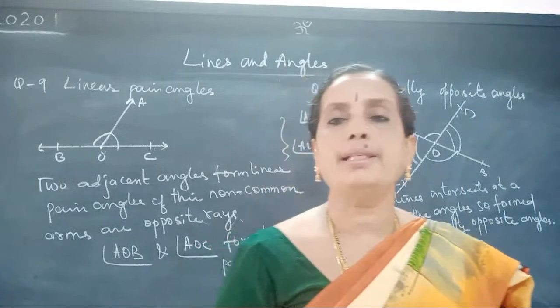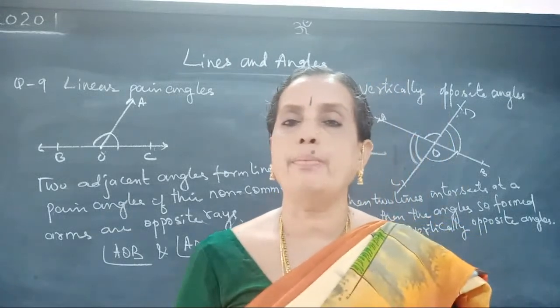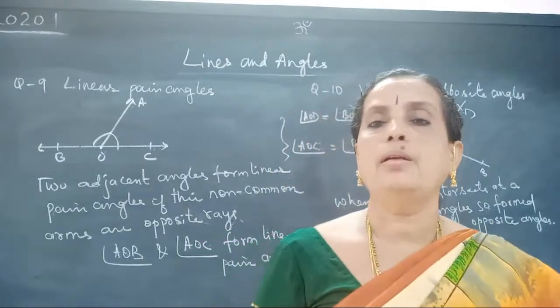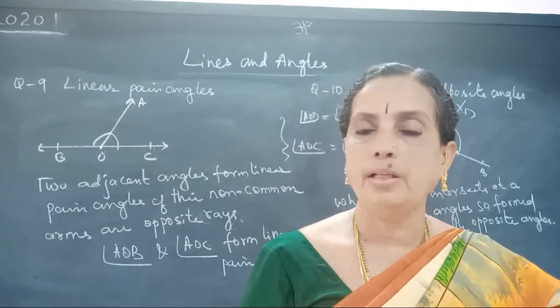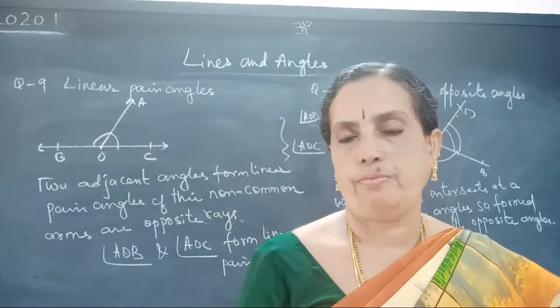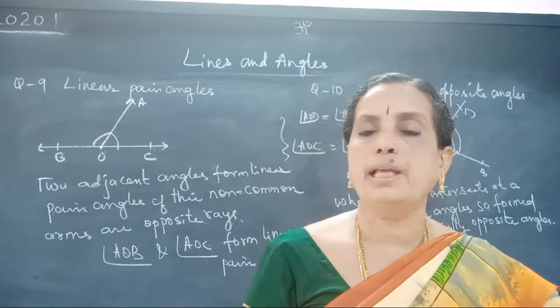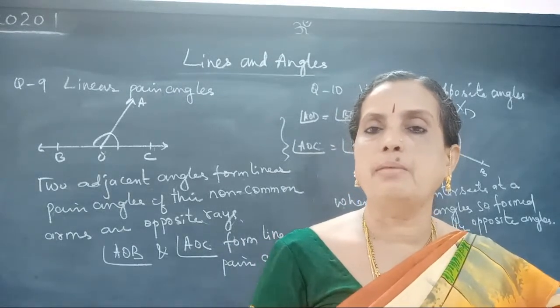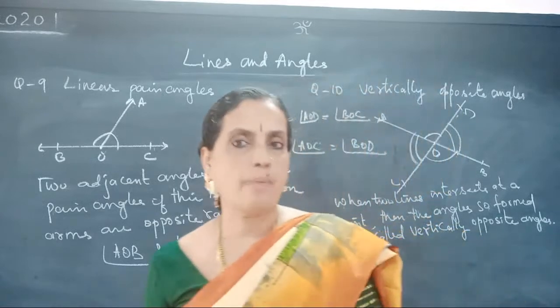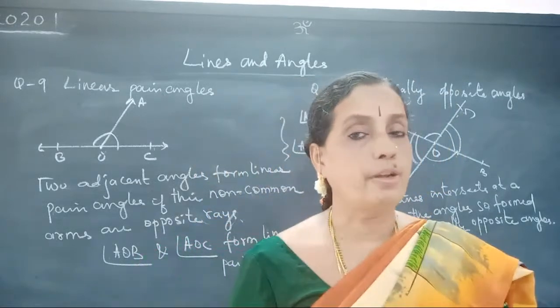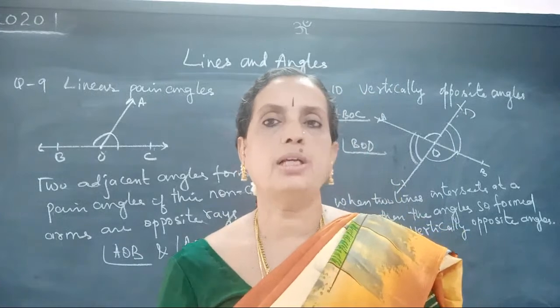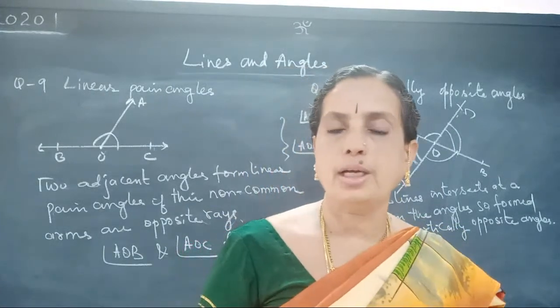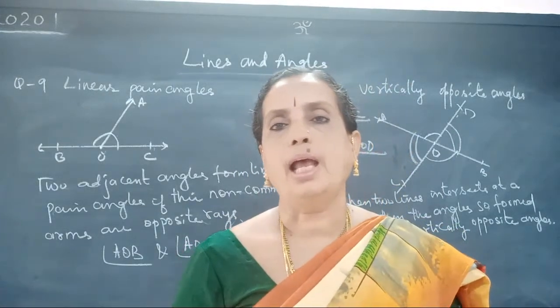Axiom, A-X-I-O-M, is a true statement without proof, whereas a theorem is a statement with proof. Some statements we make use of to prove other statements. When we prove it, it is a theorem. When it is a true statement without proof, it is an axiom.